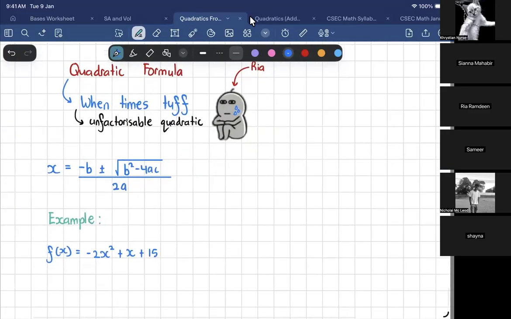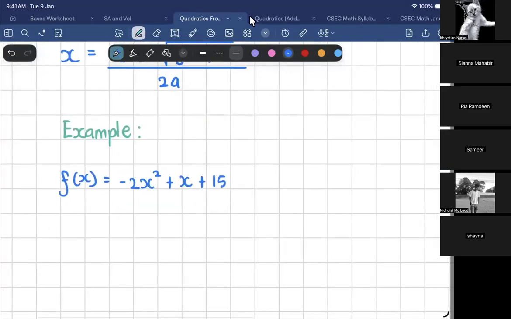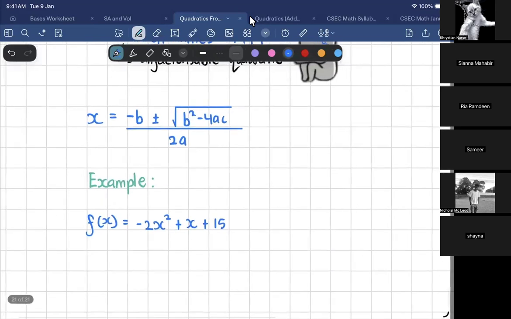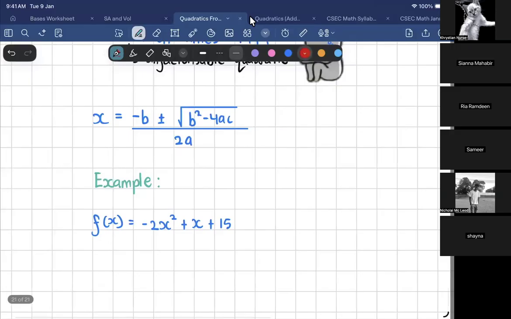Right. So this, I promise, is so easy. So think, guys, think. In the formula, there's A, B, and C. Where do you think we're going to get A, B, and C from? From the function. Christian, tell me, where are A, B, and C?